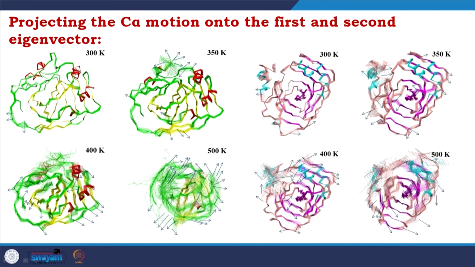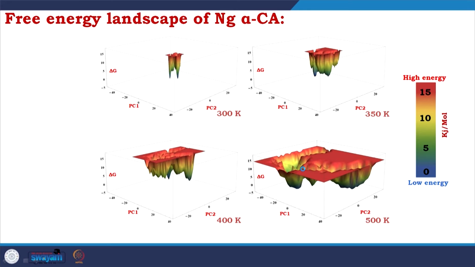We have also taken a look at the C alpha motion onto the first and second eigenvector, and here also we see a similar trend. We look at the free energy landscape of Ng alpha Ca. As I told, these are the free energy landscape representations, where PC1 and PC2 are in 2 dimensions and free energy is in the 3rd dimension.